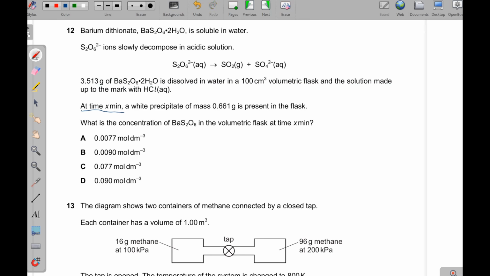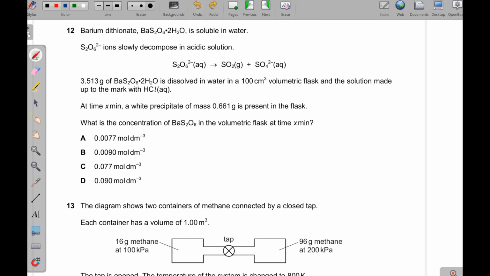At time x minutes, a white precipitate of mass 0.661 grams is present in the flask. What is the concentration of barium dithionate in the volumetric flask at time x minutes?